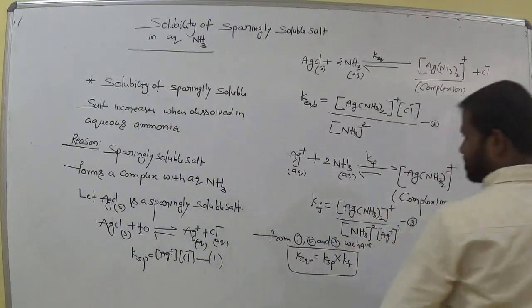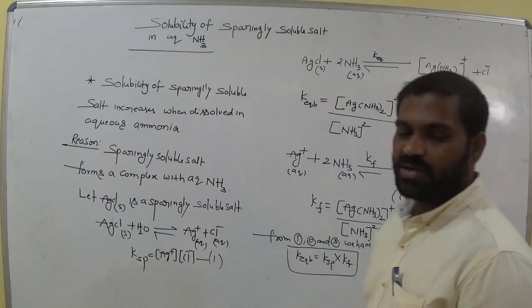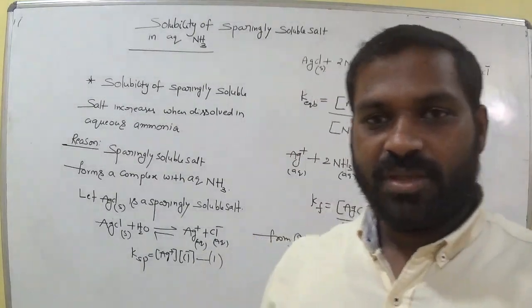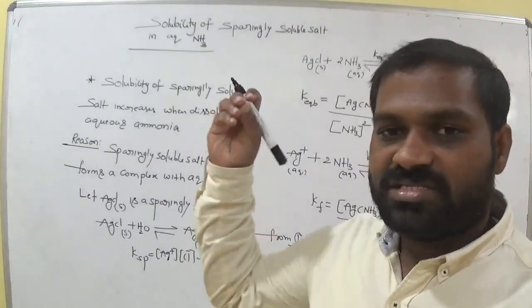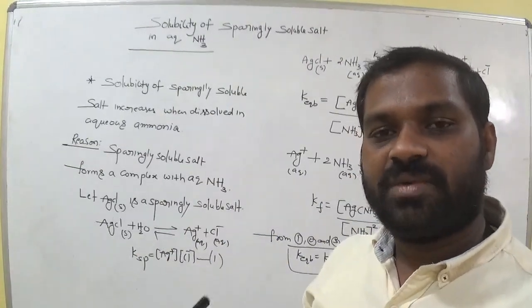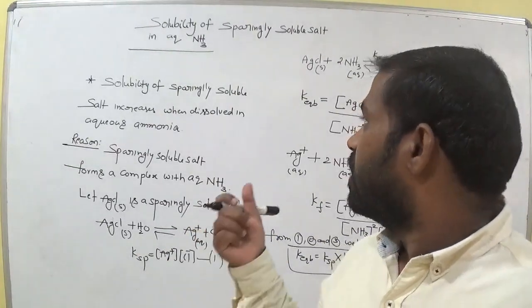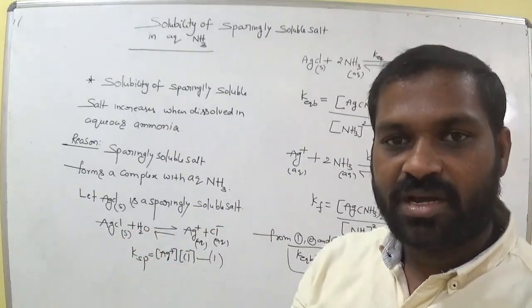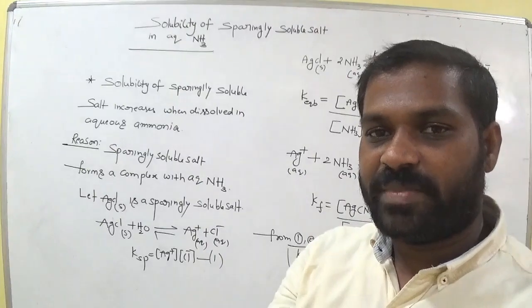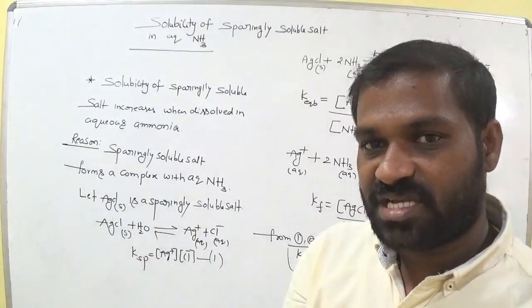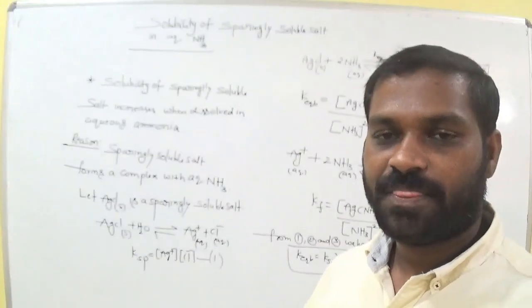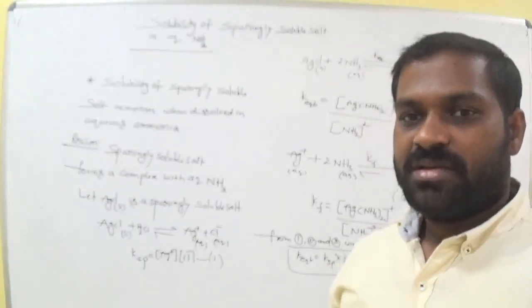Okay, clear? So finally what we conclude from this concept: when we dissolve a sparingly soluble salt in aqueous ammonia, it makes a complex with ammonia, then it can dissolve easily. That means precipitate nature decreases, solubility increases. Is it clear everyone? All of you?